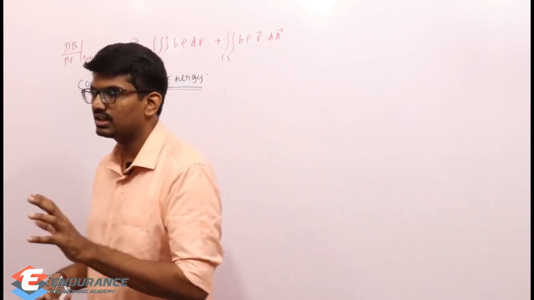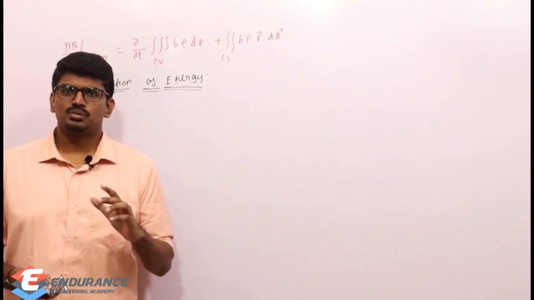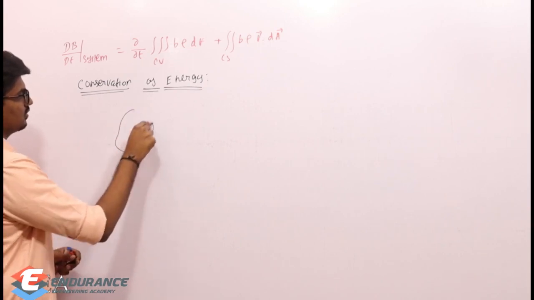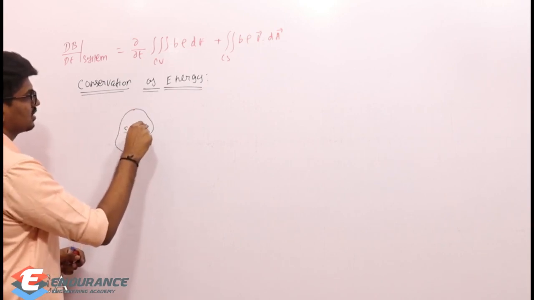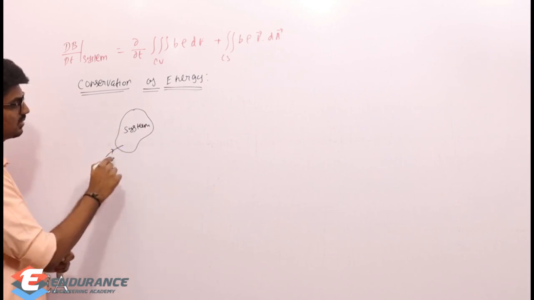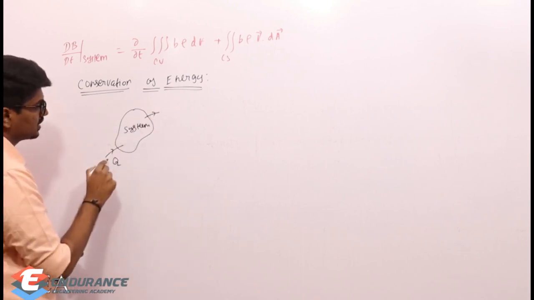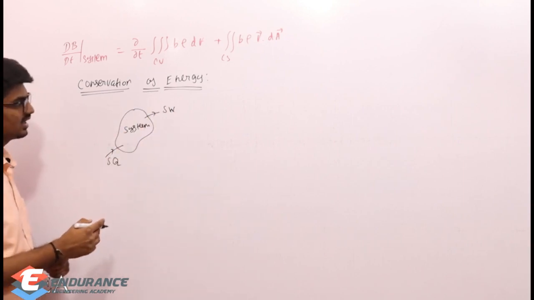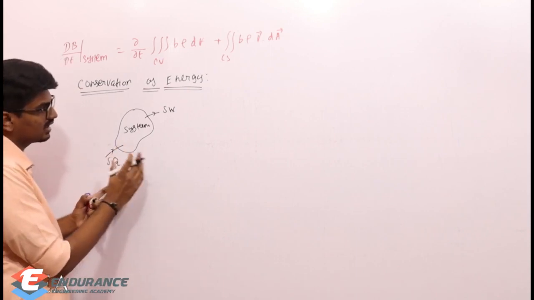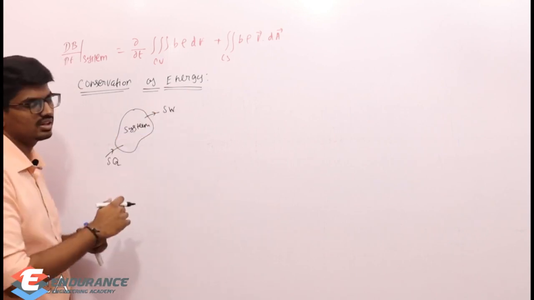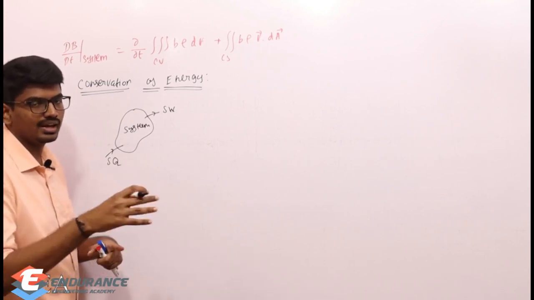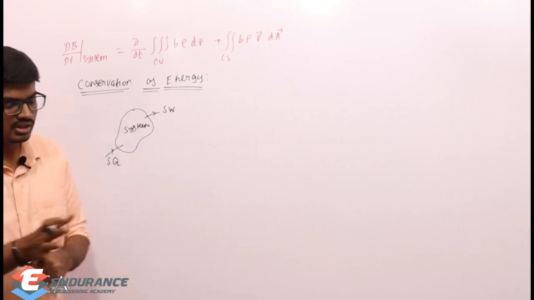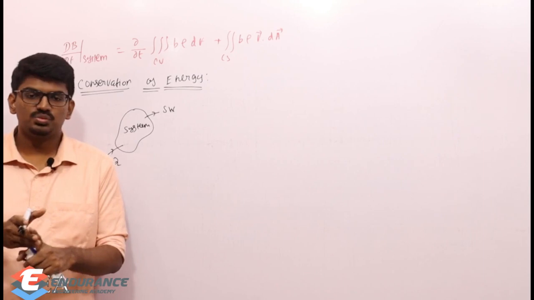Simple. First we need to recollect some basic concepts from our thermodynamics. The first law of thermodynamics: what does it actually say? If there is a system, and suppose there is some heat transfer happening and some work transfer, let me write it in differential form, then according to the first law of thermodynamics, some part of this heat transfer will get converted into work, and some will get converted into energy, because energy constitutes different components such as internal energy, kinetic energy, potential energy.